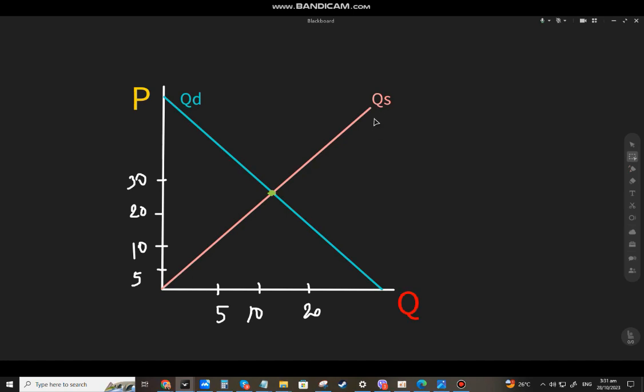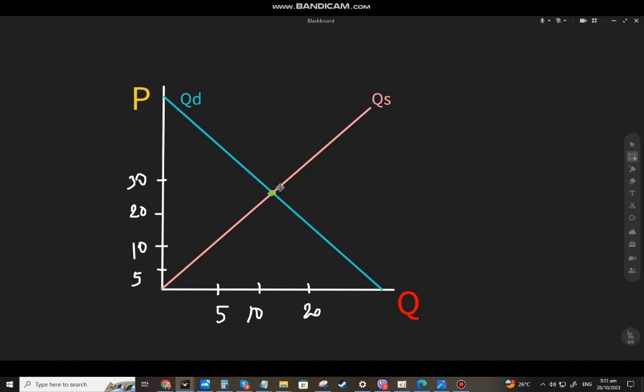But if you know that the price is set high for that product, you will produce more, so the supply will be higher. So if the price is set higher, the supply will be higher, right? Now, if the price is too high, then the demand will be low. That's the law of demand and supply.